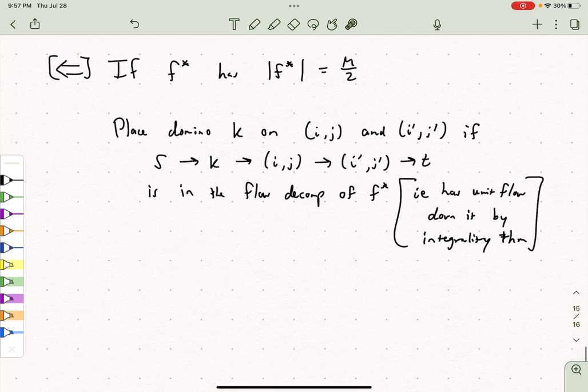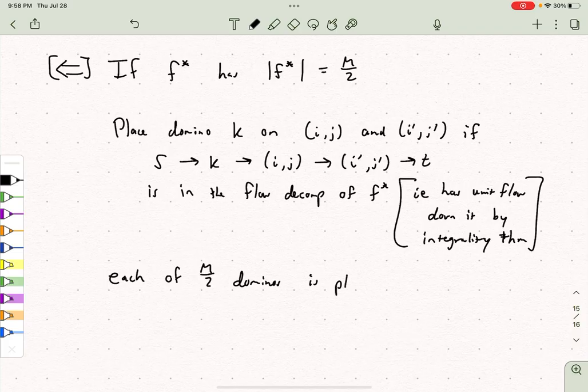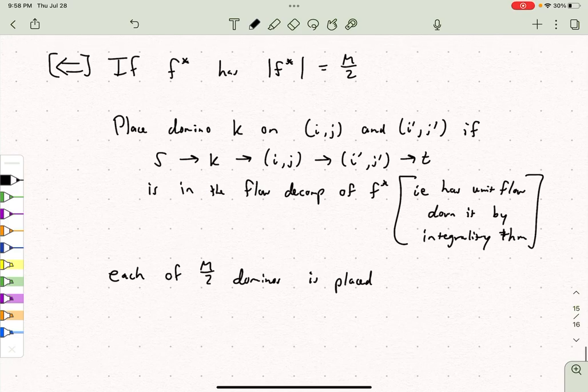All right, so is this a valid placement? Well, we know each domino is placed, and we can check for overlaps. So remember that m over 2 is the minimal number of dominoes we need to pull this off.